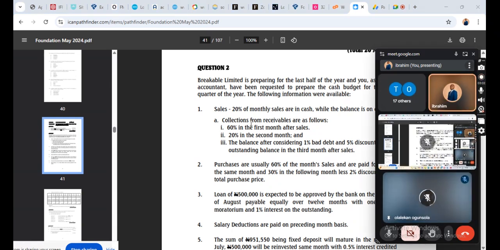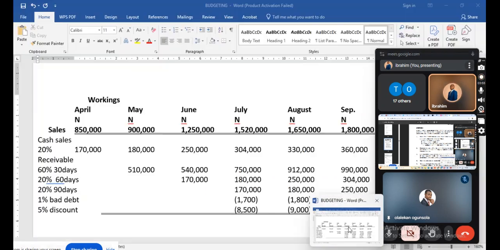The question says that 60% in the first month after sales. If we truly interpret this well, 60% in the first month after sales. What is the first month after sales? That is April, May, 60 days, is that not so?